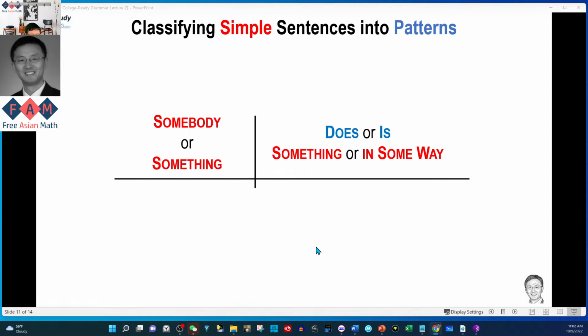Different books and different grammarians may have different ways of classifying simple sentences into patterns, but they're kind of similar. It's just a choice depending on the grammarian, whether they classify simple sentences into 10 patterns, 7 patterns, or even more. But in this course, we will go a little bit higher. We will essentially use 11 different patterns to describe and classify simple sentences.